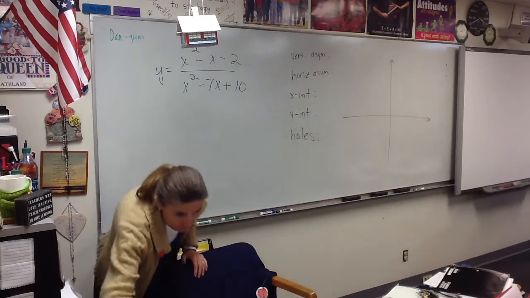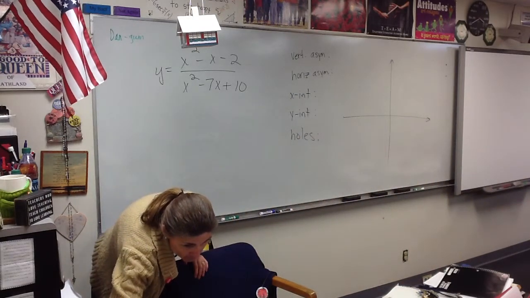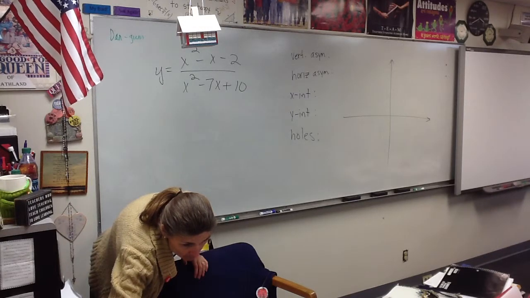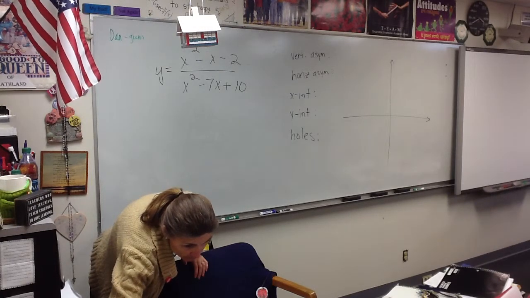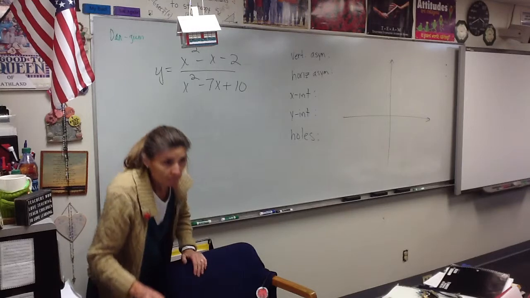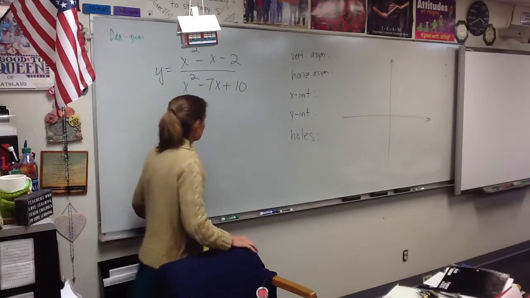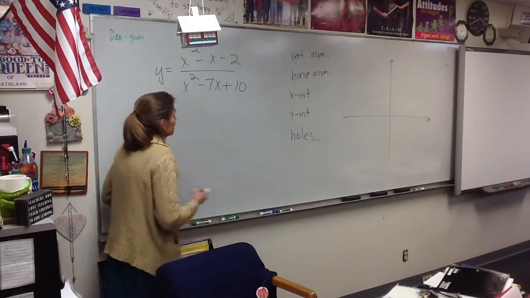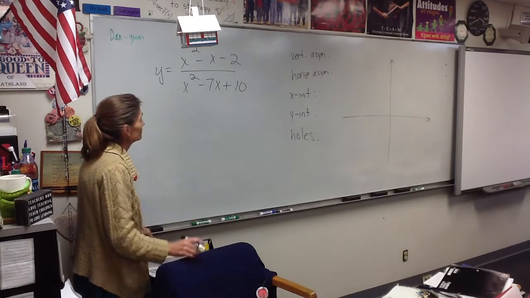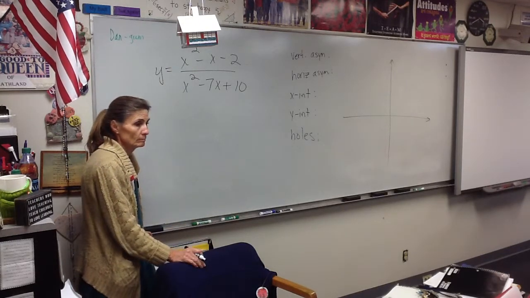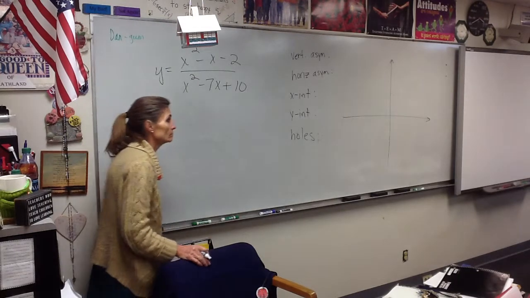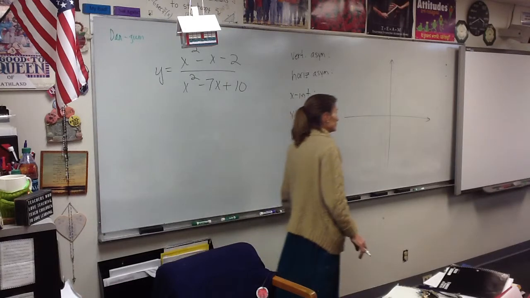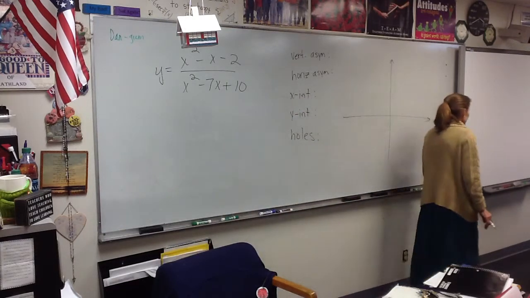Okay, so we have a hole. The x minus 2 is cancelled, so it's going to be 2, comma. Then this is the equation, so you put a 2 in. So 2 plus 1 is 3. 2 minus 5 is negative 3. So that's negative 1.